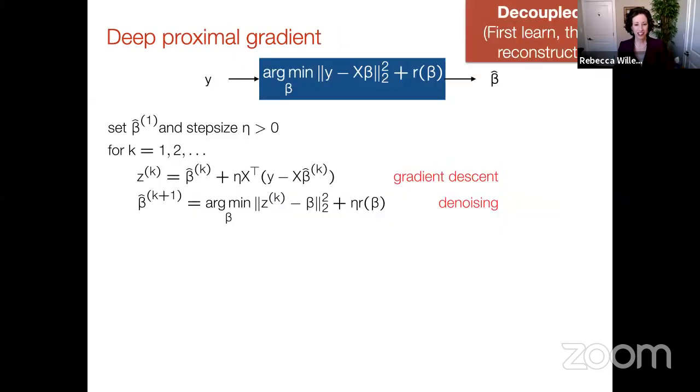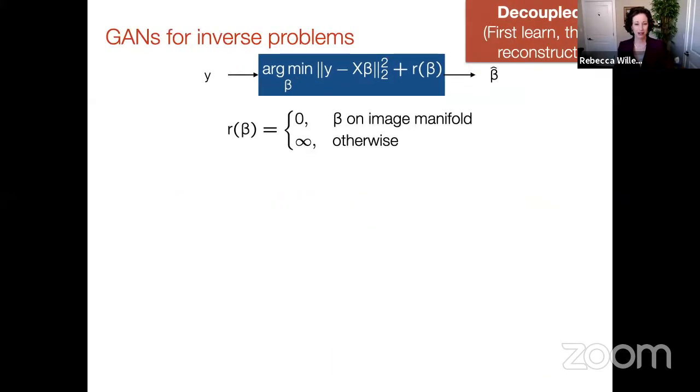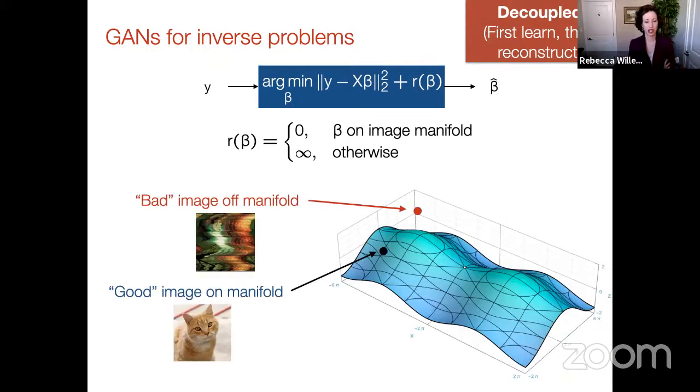Then the first thing you said was related to this notion of the manifold, where you said maybe we could say the bad images off the manifold correspond, or I'm sorry, you wanted to say X transpose Y would be off the manifold.